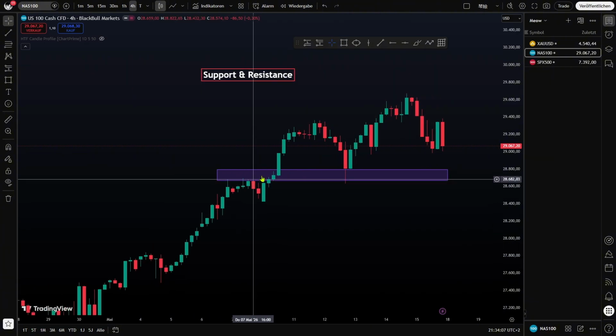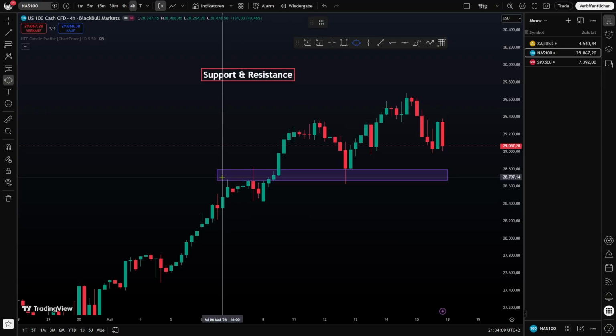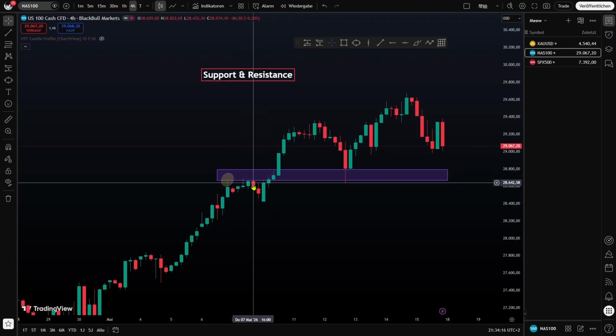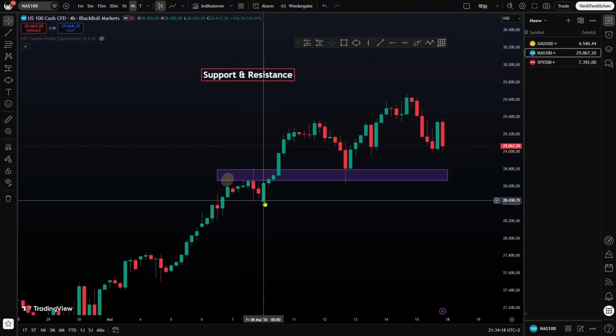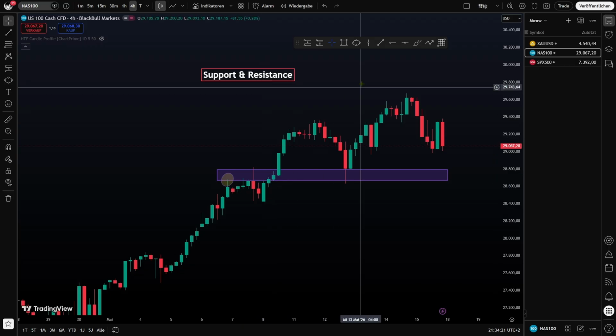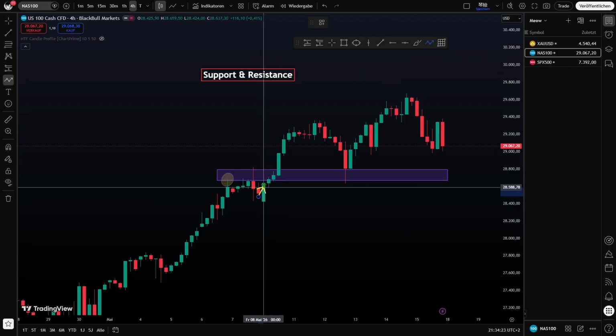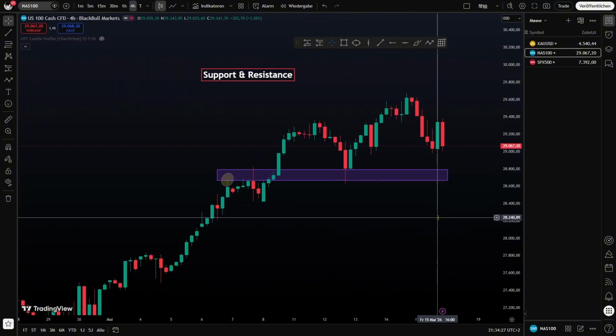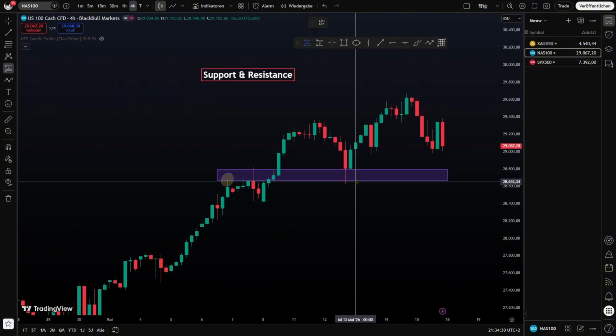Price came up with a strong and aggressive move to the upside, and it rejects on the 4-hour time frame, by the way guys, don't forget that. It rejects 1 time, 2 times, 3 times, 4 times, and it's falling a little bit back down. And then we can see that price finally decides to break above the zone and comes straight back into it, resisting it again right here at the support zone.